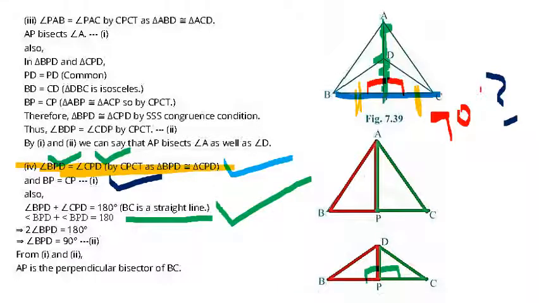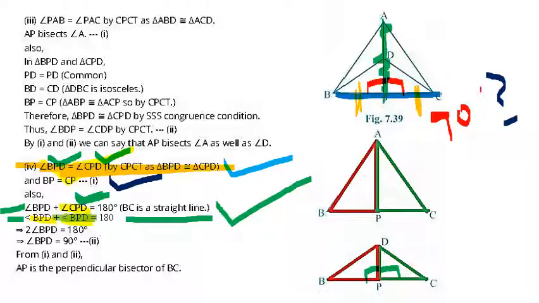So I can keep BPD as it is, but instead of CPD, I can write down BPD, because these two angles are equal. I have changed the value of angle CPD to angle BPD because they are equal angles. I already proved it by CPCT.